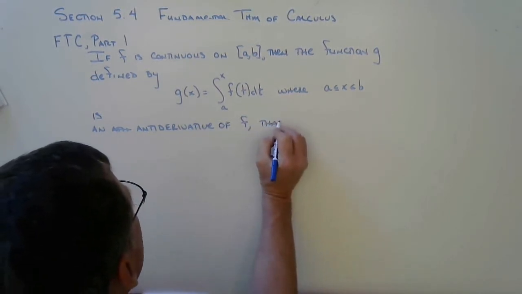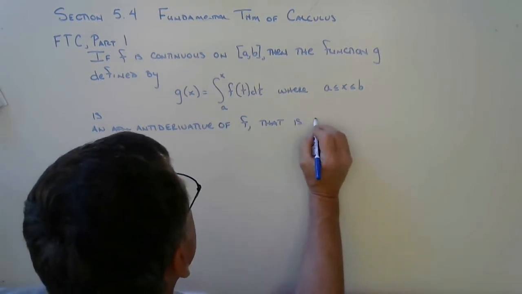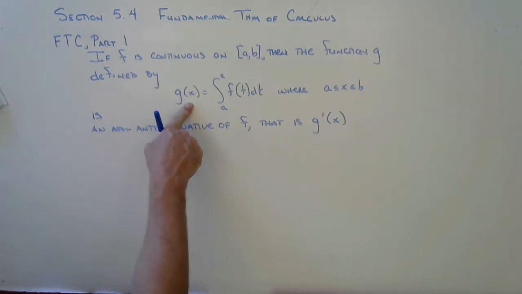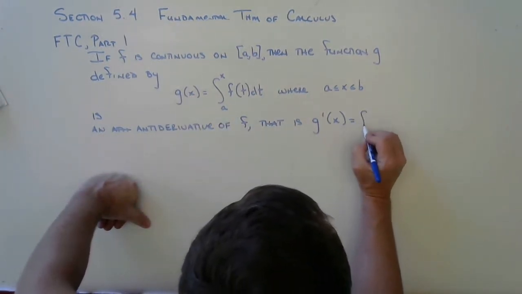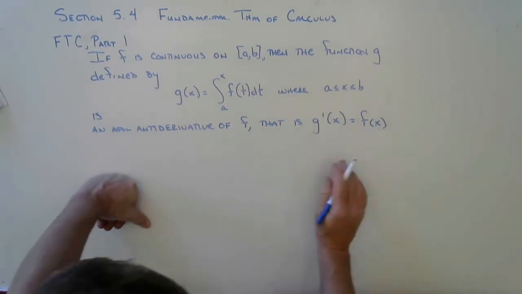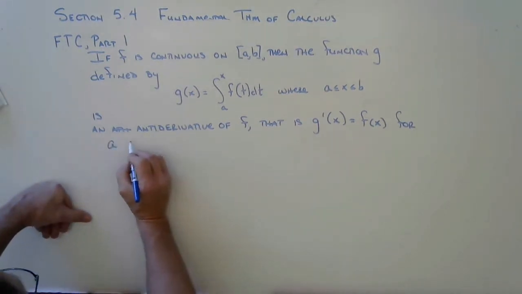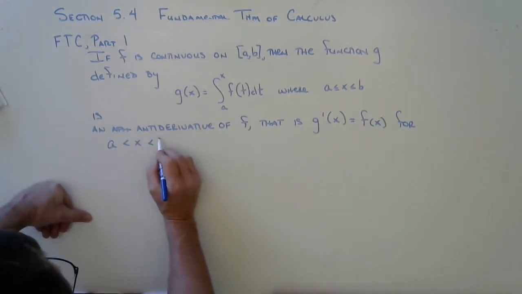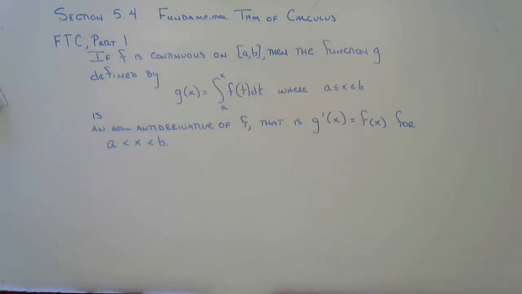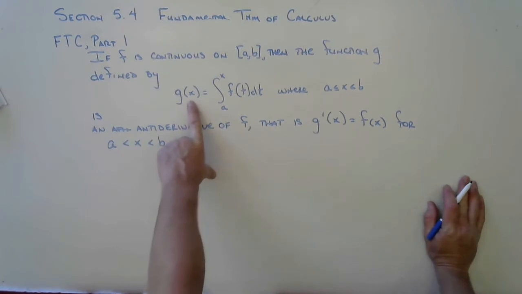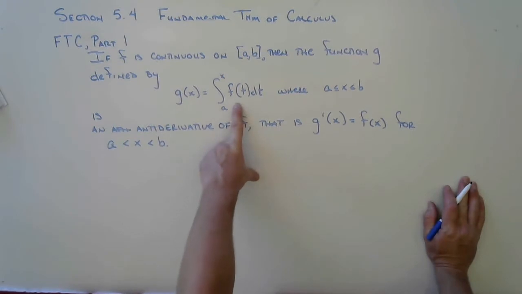that is, here it comes, g prime of x, if I take the derivative of this side, is going to equal f of x, for a less than x less than b. If we take the derivative of the left-hand side, g prime, then we have to take the derivative of the right-hand side, and notice what happens.